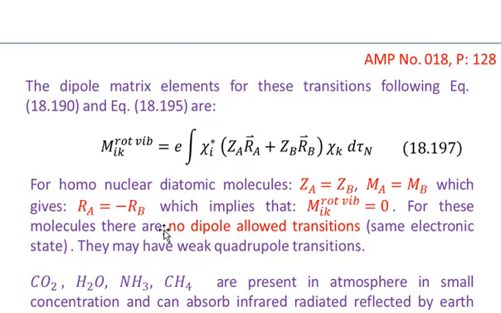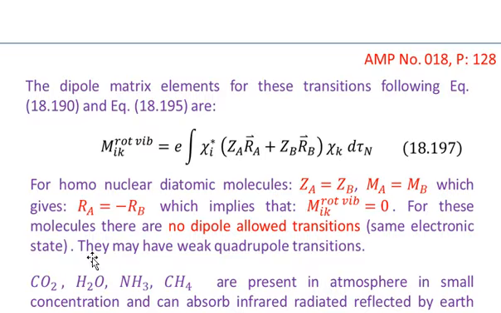For these molecules, there are no dipole allowed transitions because the matrix element corresponding to those dipole transitions is equal to 0. So there are no dipole allowed transitions for the same electronic states for a homonuclear diatomic molecule.